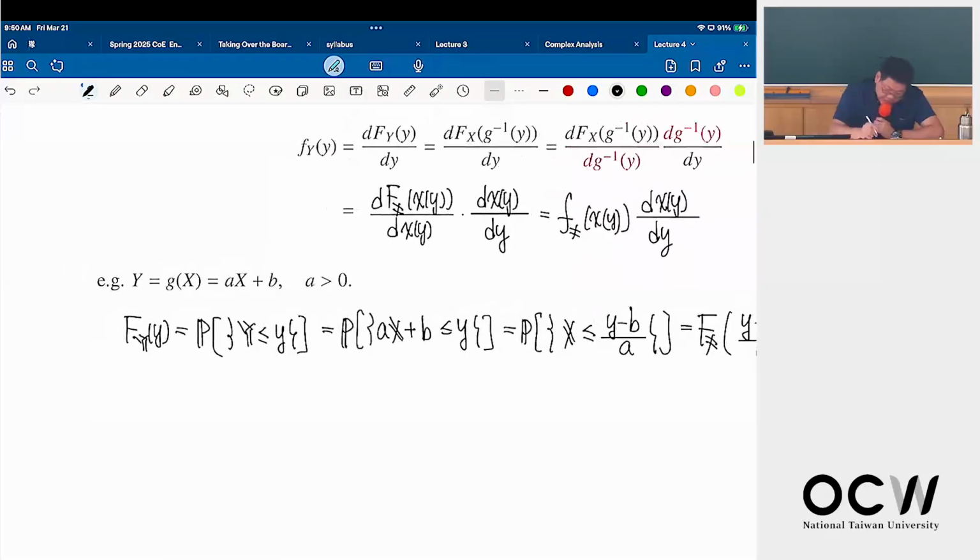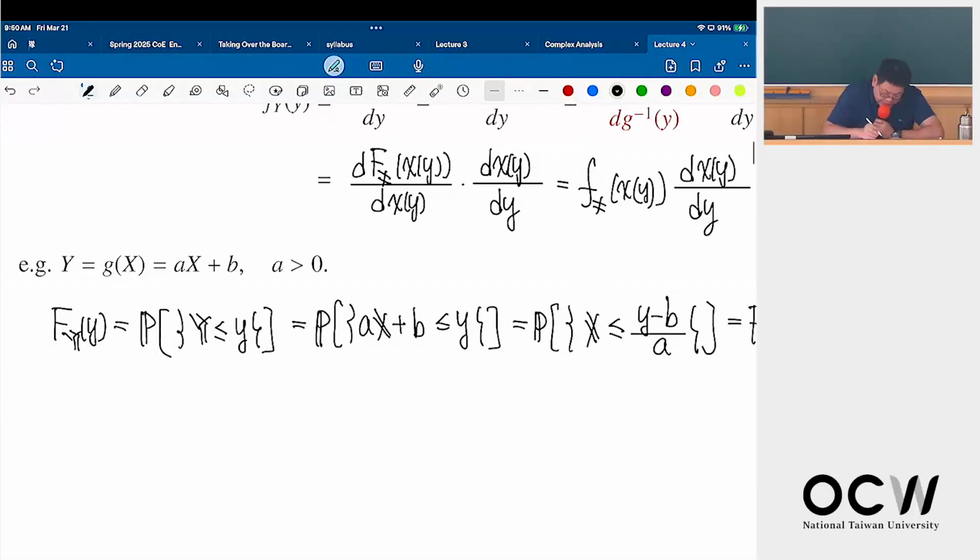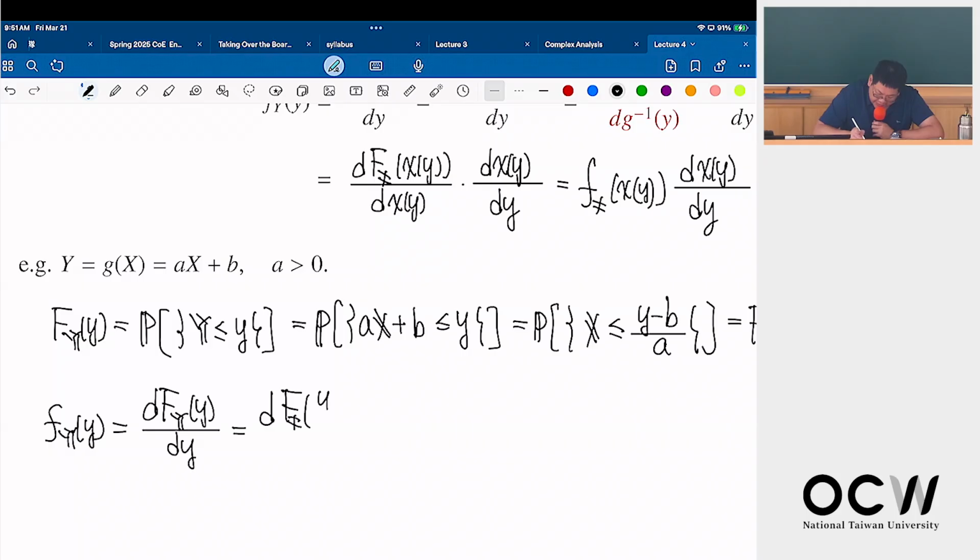So now let's see the PDF. You take the derivative of your CDF of y. So here is the PDF of y. You take the derivative of your CDF, that is CDF of x at y minus b over a, dy, and changing variables.